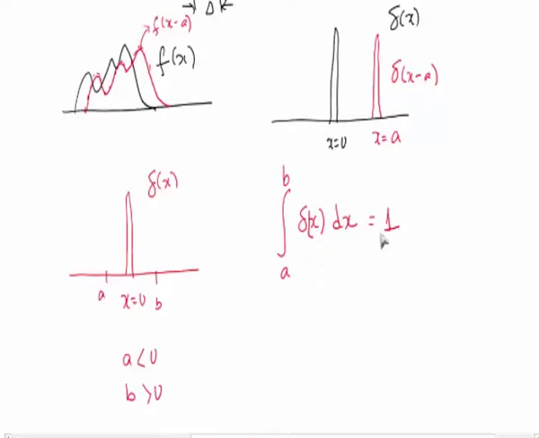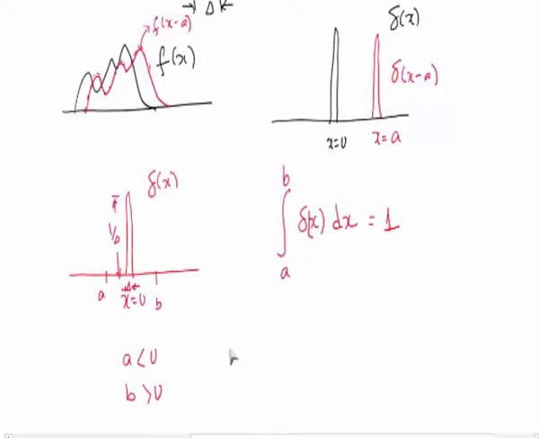What was the construction? The width of it is delta and the height of it is 1 by delta. So the area has to be 1 as long as the integration limits are enclosing the function.